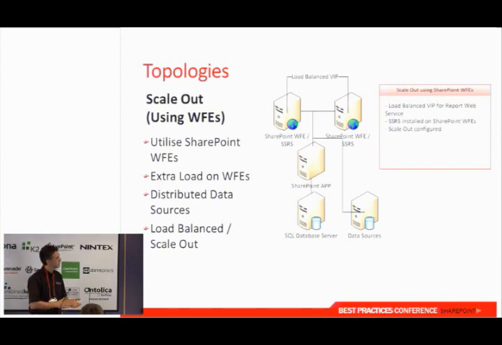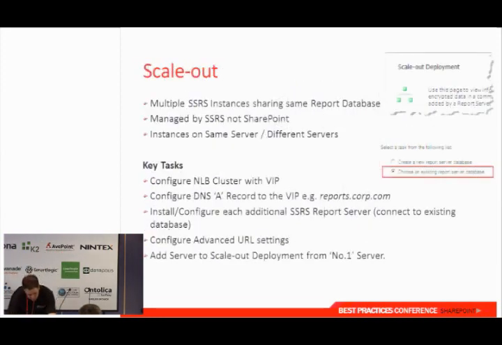And you load balance, so to scale out reporting services, you'd create a load balanced virtual IP which you'd map to a DNS name, and you would have something like reports.company.com which will be handled by your report services, and then obviously your website.company.com will be handled by SharePoint. In a distributed environment, that's probably the most common that I've seen, and it's quite acceptable, and it runs quite nicely.